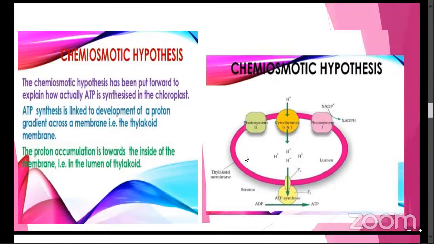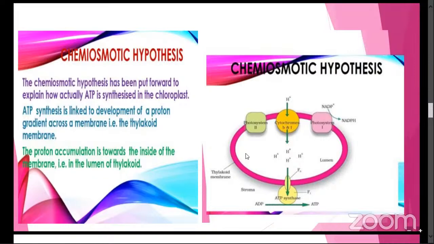This complex helps in splitting the water molecule into H plus and OH minus, and OH minus further splits into oxygen and electrons. The protons remain in the lumen only, the oxygen is diffused out as a byproduct, and the electrons are received by the photosystem 2 reaction center where there was electron loss. So to compensate that, the electrons are useful.